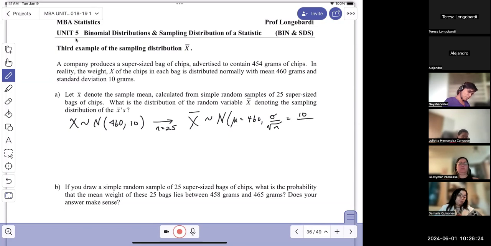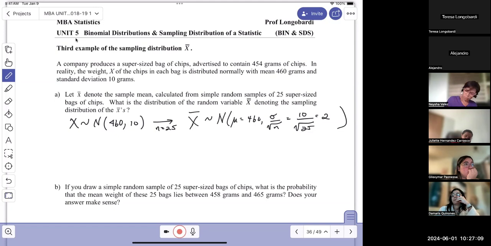You take the original 10 and you divide it by the square root of the sample size. What do you get? Right, 2.